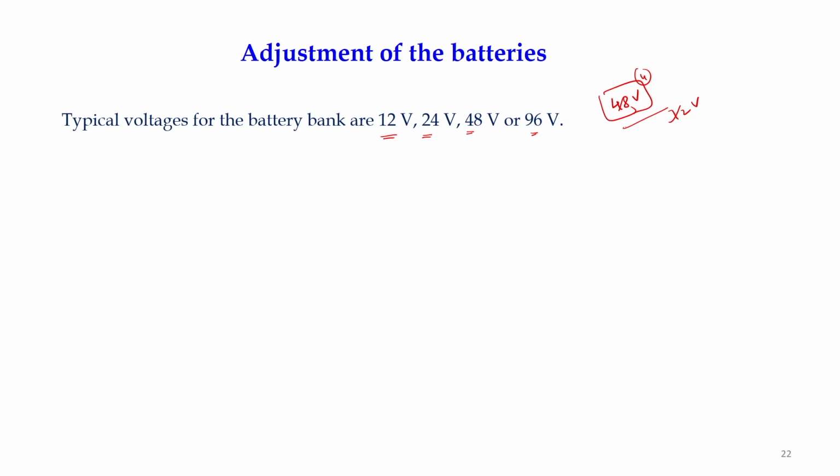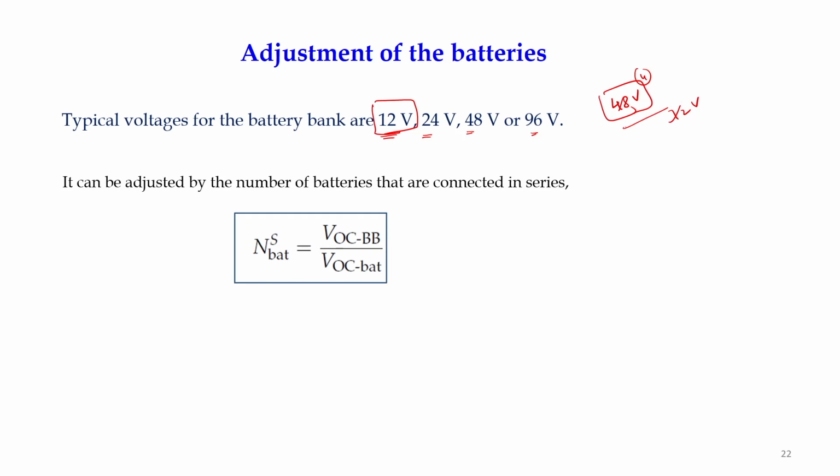That way we can have some kind of understanding, but the basic voltage normally considered is 12 volt, then we multiply by 2, then 3. So, if we are interested to connect the batteries in series, then how can we do the calculation?